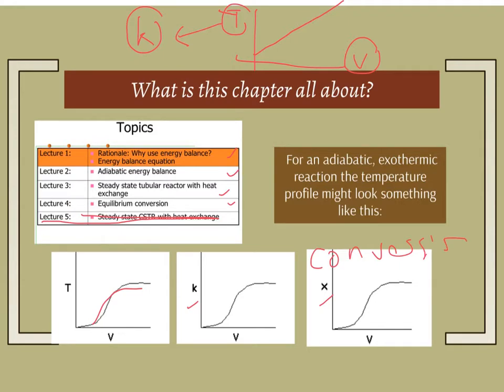We suggest that as the volume increases, there is a possibility that the conversion would not increase to what you are expected. It will achieve equilibrium. Similarly here, it will achieve equilibrium. So there is a concern that if, let's say, we are using an adiabatic reactor, these are the profiles that you will get.